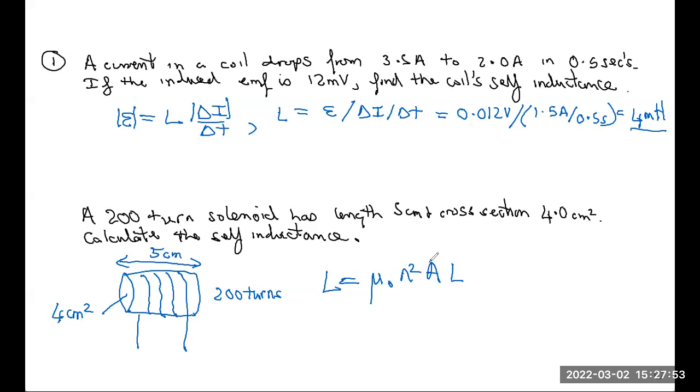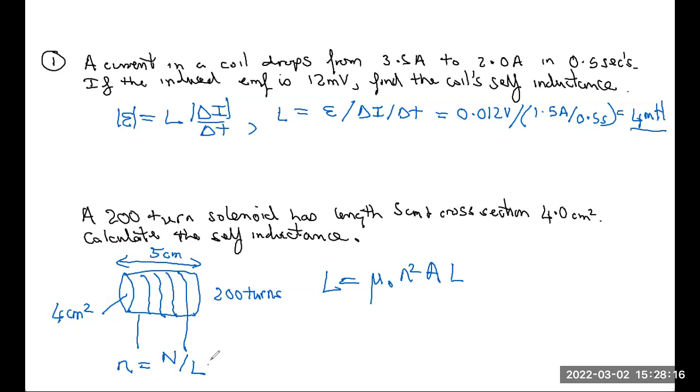So all the quantities on the right-hand side are about the geometry of the solenoid. Remember that lowercase n is our notation for the number of turns per unit length. So it's not the total number of turns, that's 200. It's the number of turns per unit length.